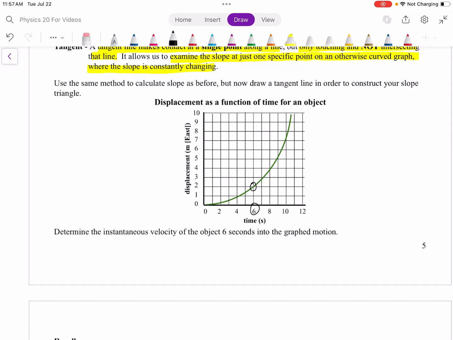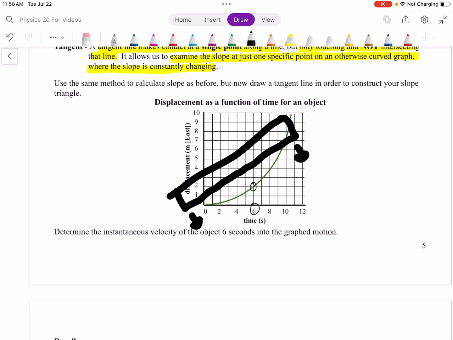So we want to draw our tangent line here, okay? Now, it's a little hard to show on a video lesson like this where all you can see is the screen, but in terms of how do you do this, here's my tip, okay? You're going to take your ruler and you're going to start on that side of the curve. And what you want to do is just slowly shimmy it towards that point.